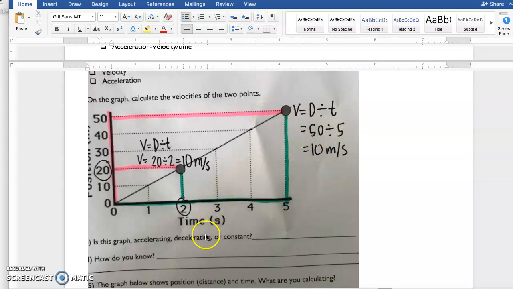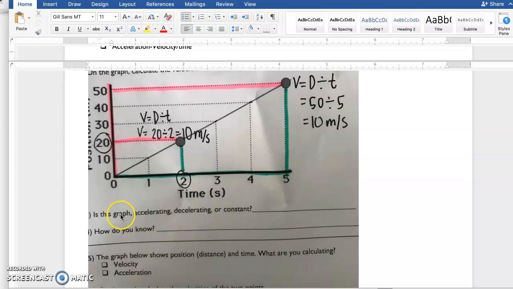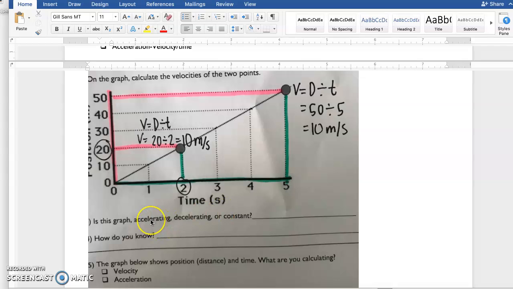Okay? So question number 3, is this graph accelerating, decelerating, or constant? Obviously, if you started at 10 and ended at 10, then it is constant because the velocity does not change. Okay?